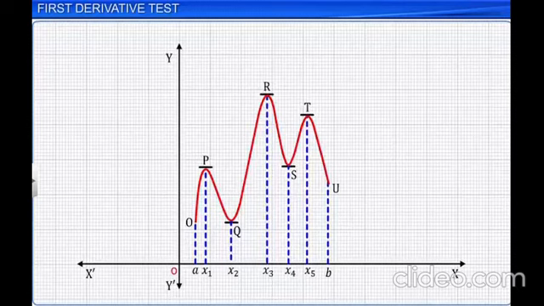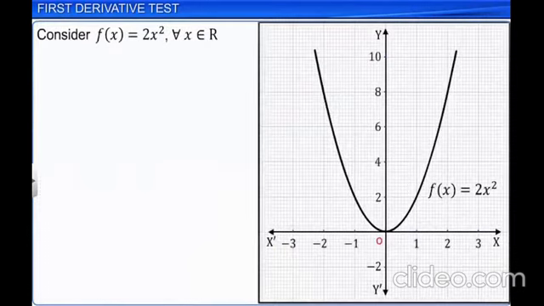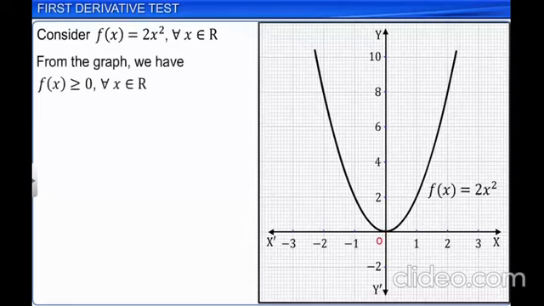In the previous lesson, we exhibited that the graphs of certain functions help us to find the maximum value and the minimum value of those functions. For example, from the graph of f of x equals 2x squared, it can be easily deduced that the value of the function f at point 0 is 0, and that the value of the function is always greater than or equal to 0 for all real values of x.